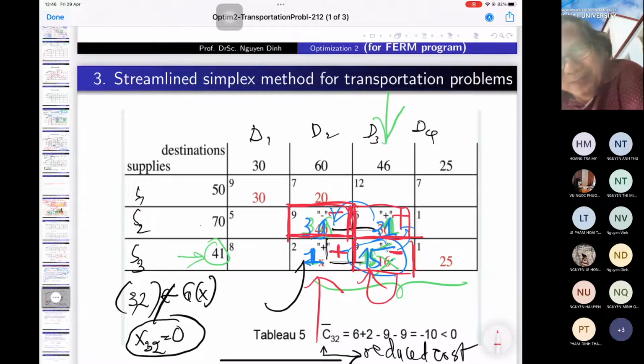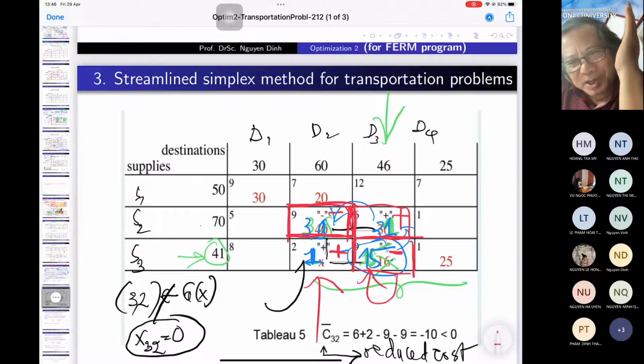Is that okay? The flow is changing. And what is it changing to? Of course, the flow is changing that way. But what will change together with the flow?